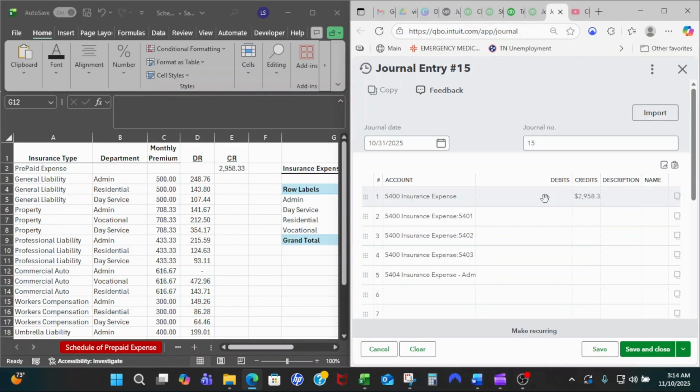So this department, 5401 is the residential. So let's move over a little bit. Residential, 61346.